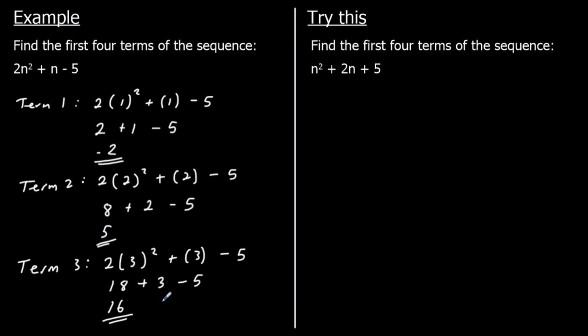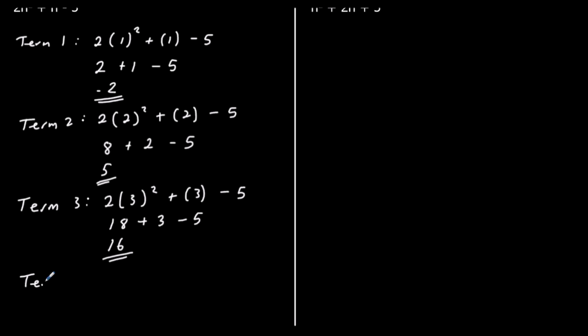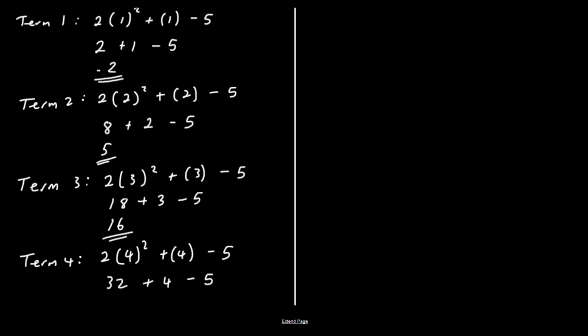So the third term is 16, and the fourth term is going to be 2 times 4 squared plus 4 minus 5. 4 squared is 16, 2 16s are 32, so 32 plus 4 minus 5, so 36 minus 5 is 31.